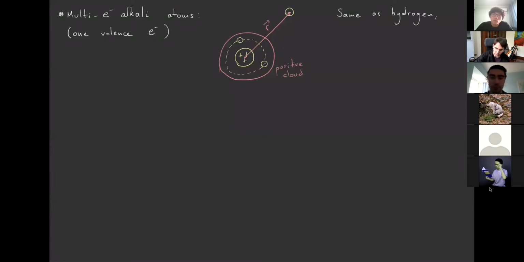Okay, so it's the same as hydrogen, but with a slightly different potential. So the potential is still rotationally symmetric, we will assume, and we can approximate it in the following way. So we can still assume that for a given position, it has somehow a Coulomb form, okay?